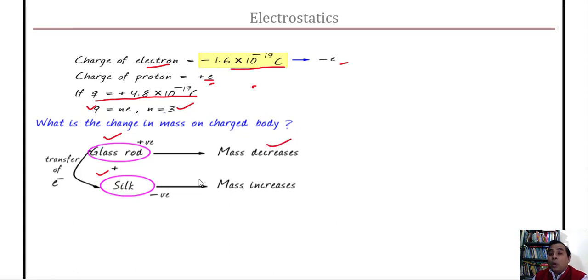And silk has gained some electrons, and because electrons are charged particles, it will gain some mass as well, so its mass will increase. So any body which has got positive charge will have a mass loss, and any body which has negative charge will have a slight mass increment.